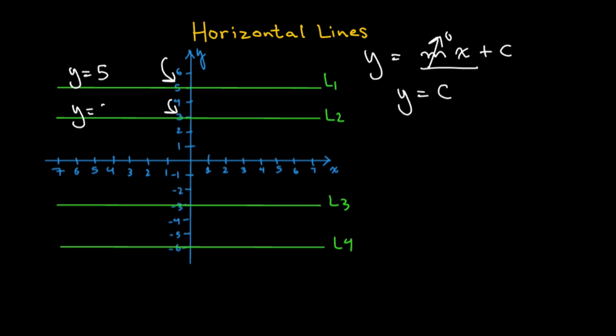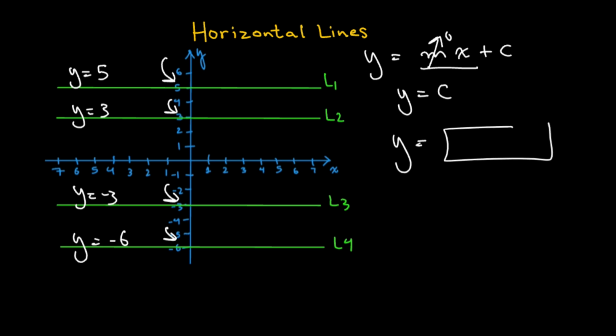The equation of line L2 becomes y equals 3. The equation of line L3 becomes y equals -3. And for line L4, y equals -6. So horizontal lines always have equations in the form y equals something. And that value is always the y-intercept.